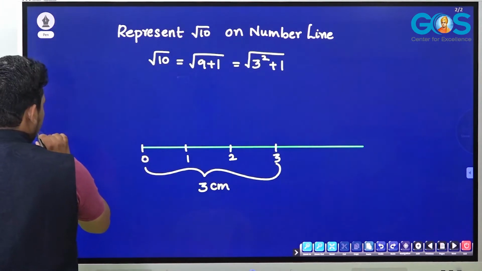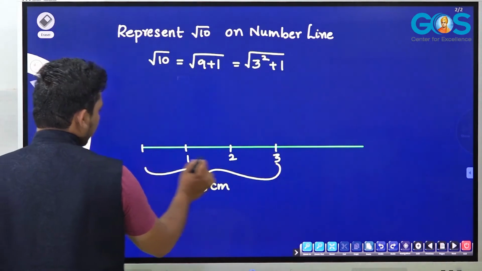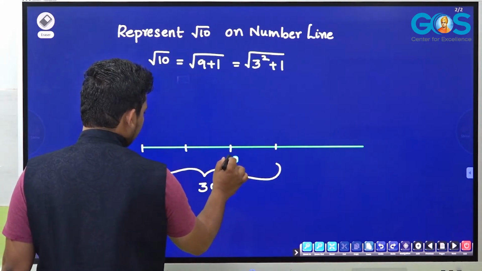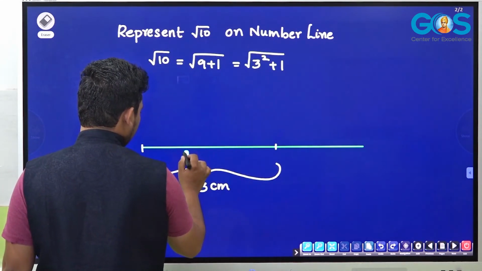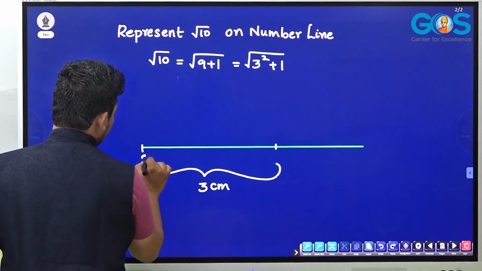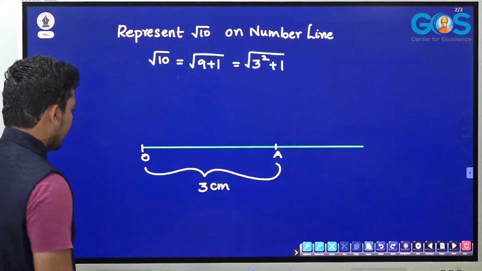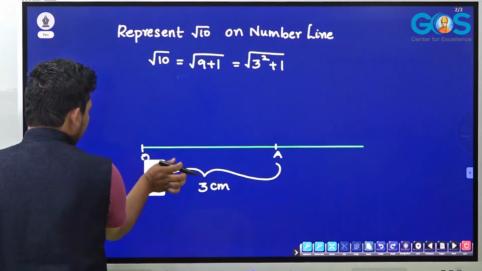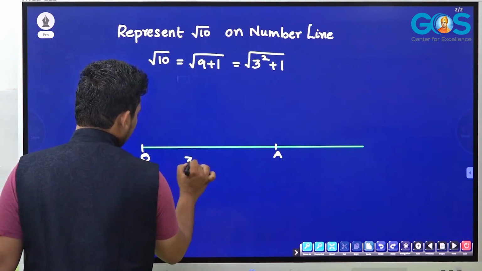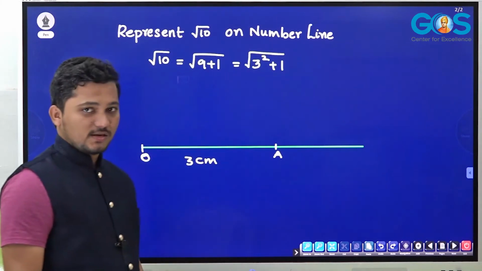Instead of writing those numbers I am going to mention them with alphabets. Let us assume it as O, and this as A, and the length of OA is 3 centimeters.